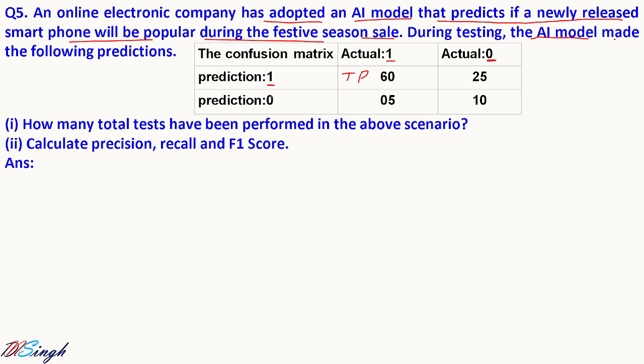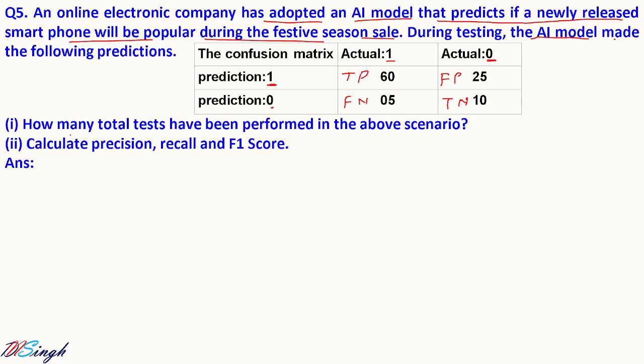Here actual and prediction both are not same, so first word will be false, and the next word will depend on the prediction value. As it is 1, which is yes, you will write positive. Here you have again false and prediction value is 0, so negative. Why false? Because actual and prediction are not matching for this particular cell. And here actual is 0 and prediction is 0, both are equal, so you will have first word as true, and as prediction value is 0, second word as negative.